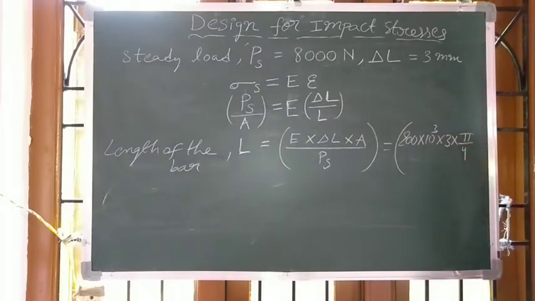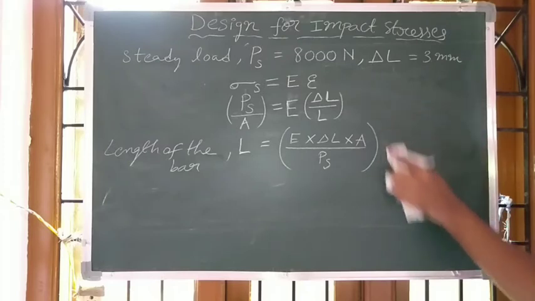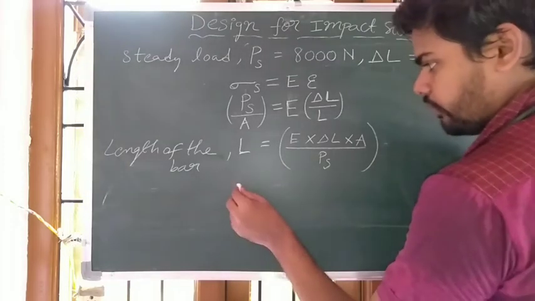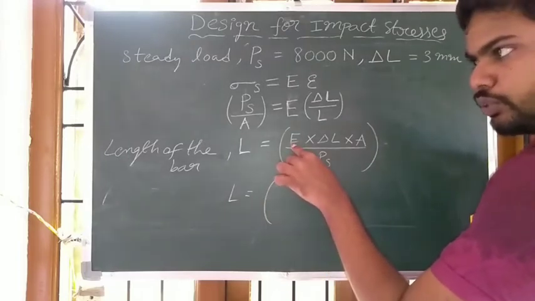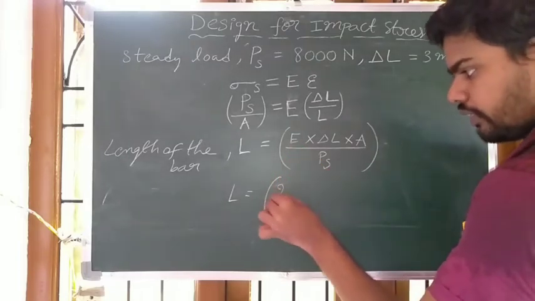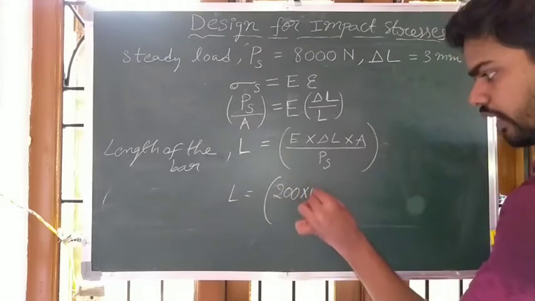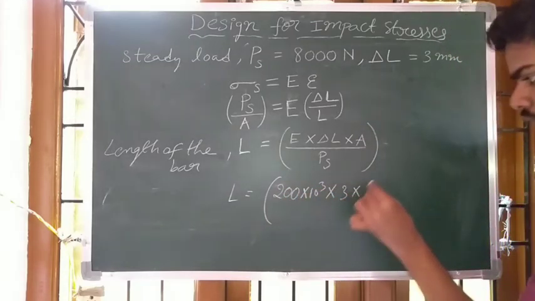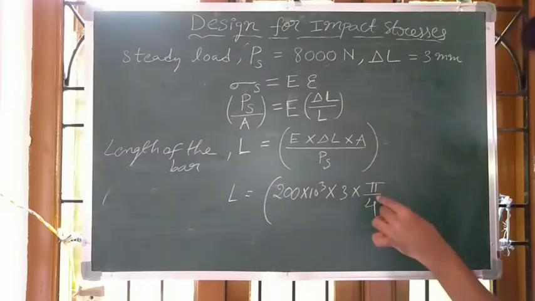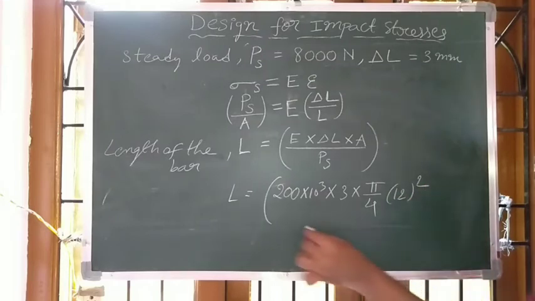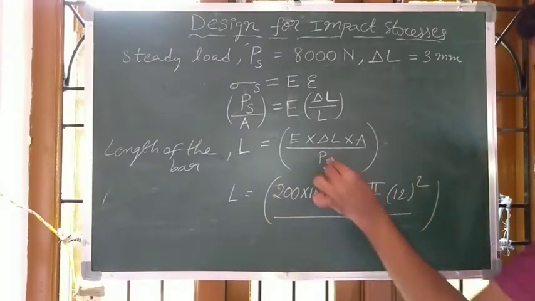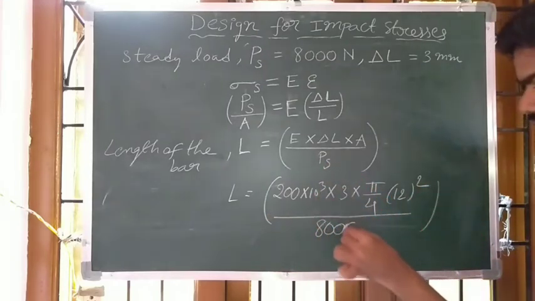The diameter of the bar is already given, 12 mm, so 12 square, whole divided by Ps, the load 8000 Newton.